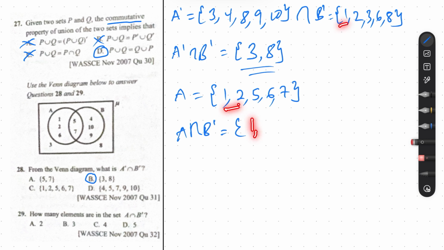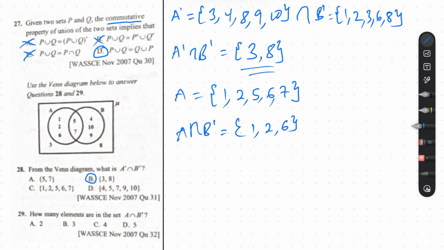We have 2 here and 2 here, so 2 goes. We have 5 here, 5 not here; 6 here, 6 here, so 6 goes. 7 here, 7 not here, so that is it. We have 1, 2, 6. So let's write that down: 1, 2, 6.